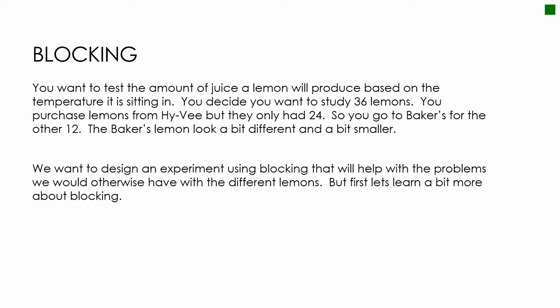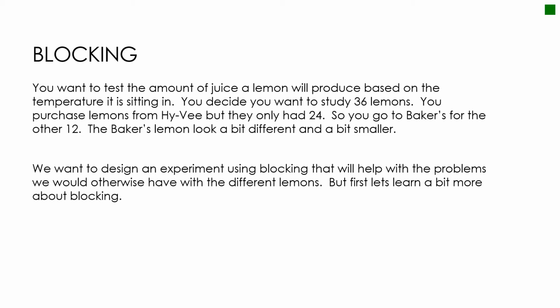I promised we would talk a little bit more about blocking in detail, and that's what I want to talk about now. Here's a situation where I want to test the amount of juice a lemon will produce based on the temperature it is sitting in. Let's say I decide to study 36 lemons, and I purchased the lemons from Hy-Vee, but they only had 24.